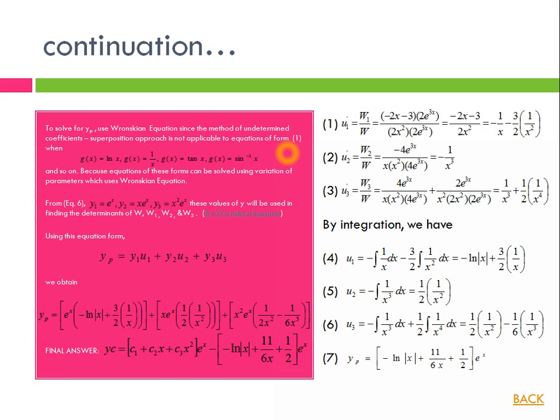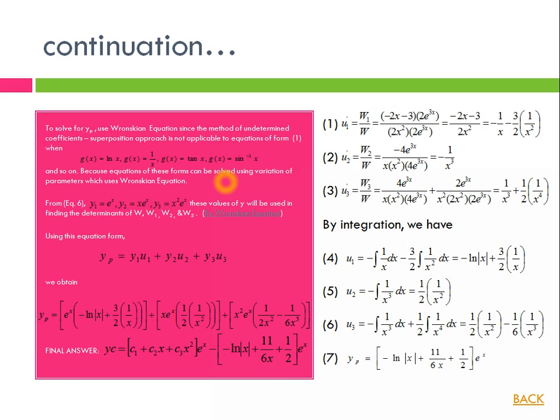Don't worry, because we have another method to help us solve the problem. Here we will use the method of variation of parameters, and this method uses the Wronskian.